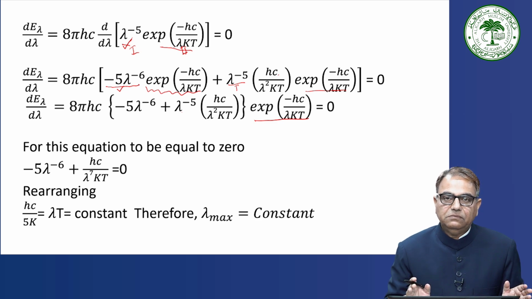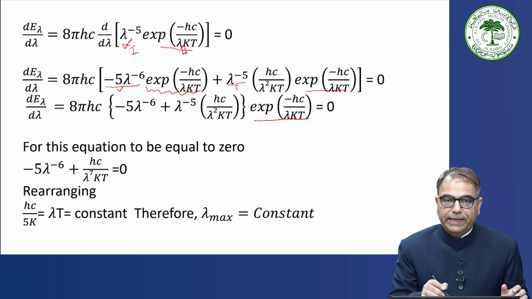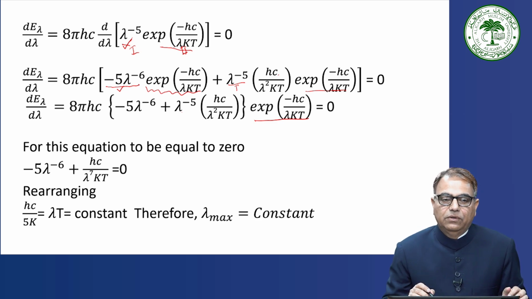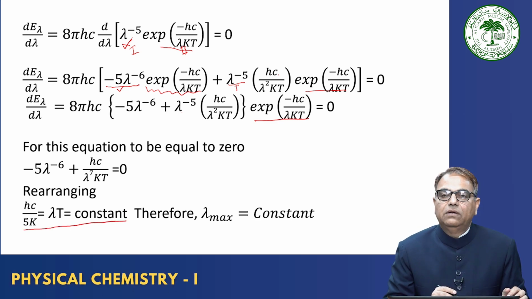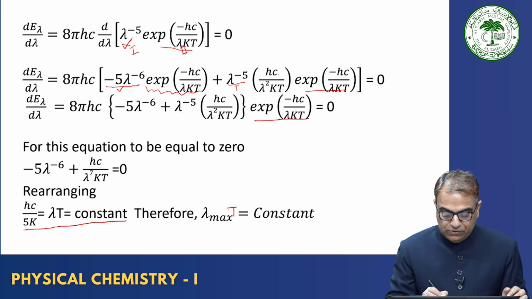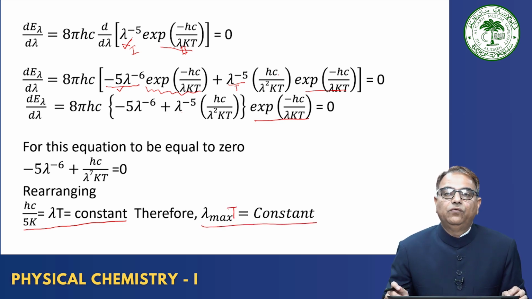Now in order for this equation to be equal to 0, we can say that the terms in the bracket can be equal to 0. And if you do this one and rearrange, what you get is this one. Lambda t is a constant. Therefore, lambda max into t is a constant, and this is what is Wien's law.